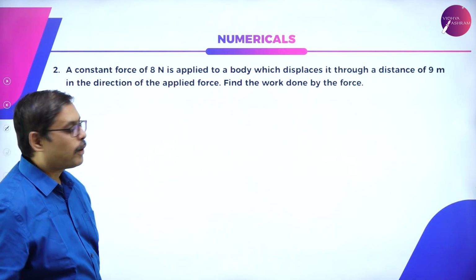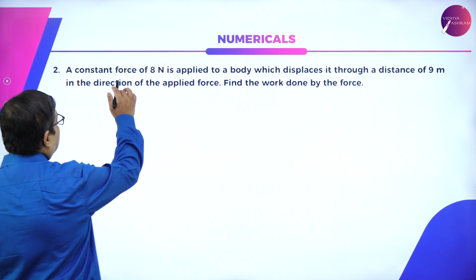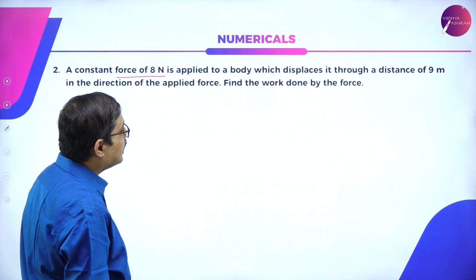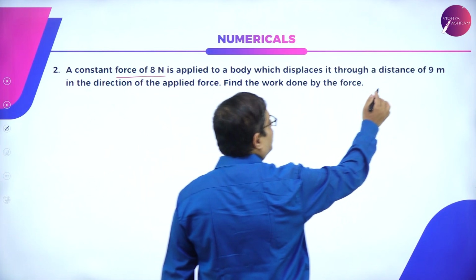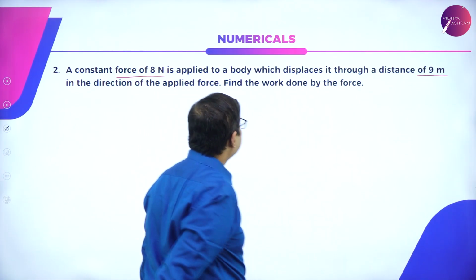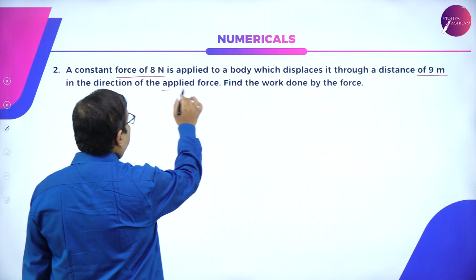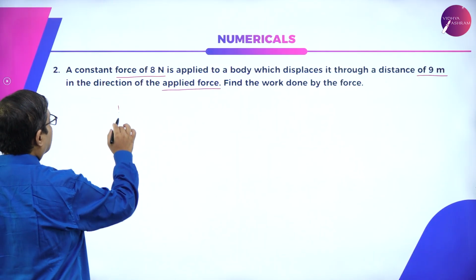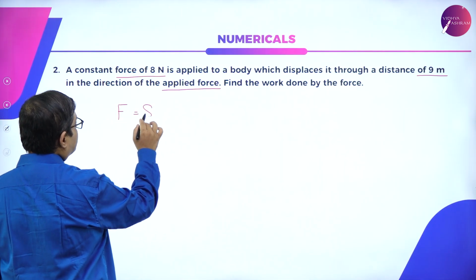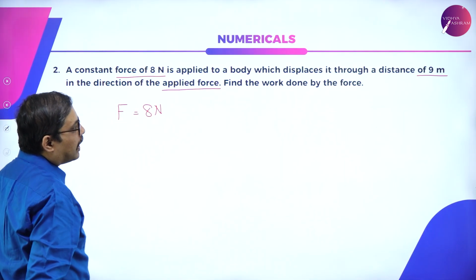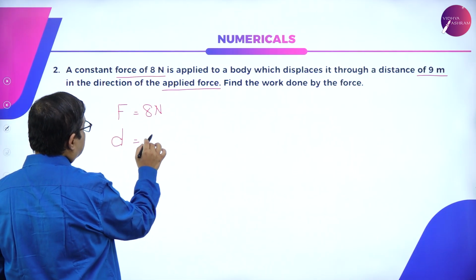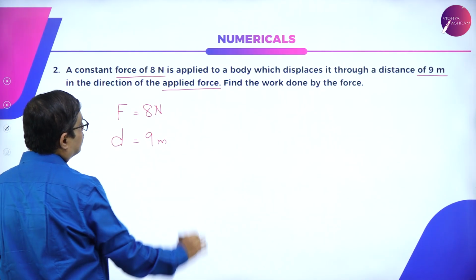Let us check the next problem. A constant force of 8 Newton is applied to a body which displaces the body through a distance of 9 meter in the direction of the applied force. Find the work done. What is the data? Force is 8 Newton and the displacement is 9 meter.